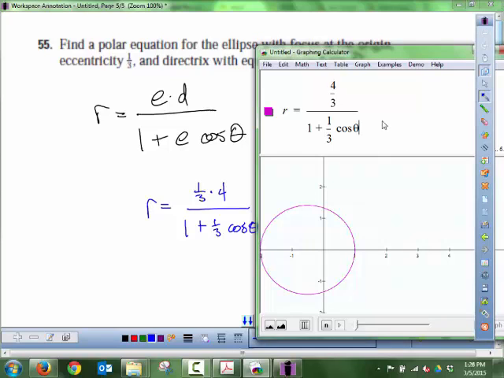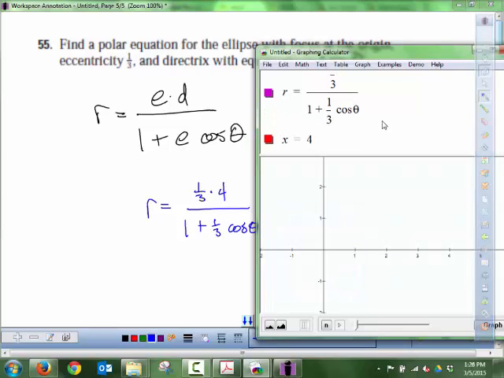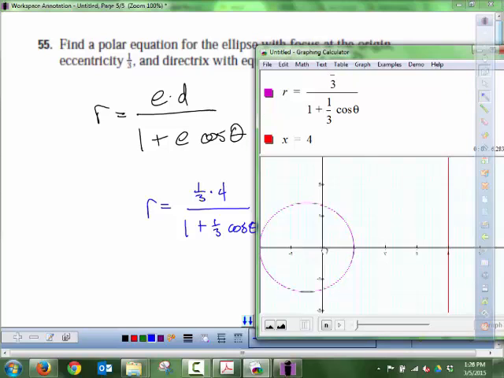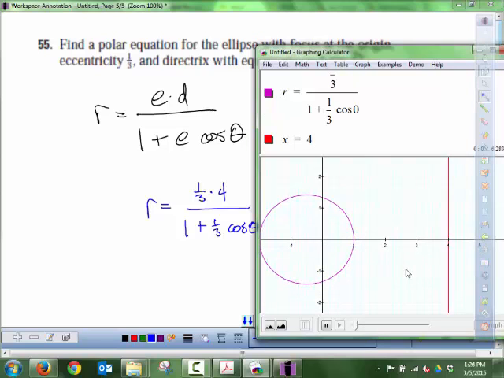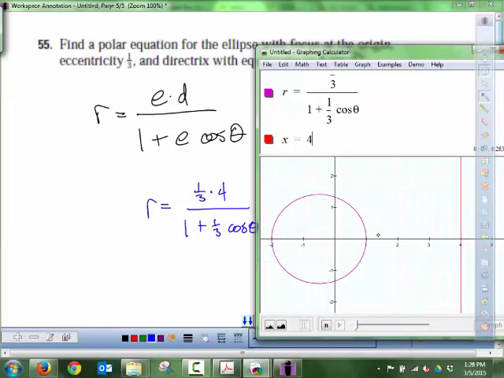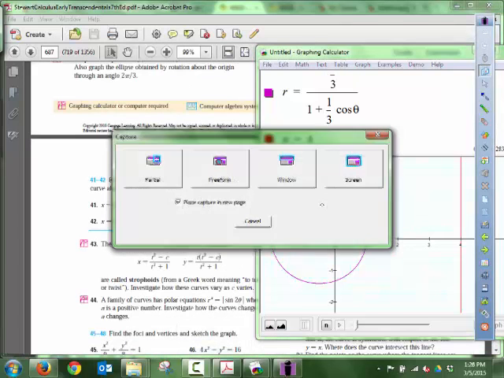And if you put the directrix x equals 4, and you remember the formula that the eccentricity is the ratio of the distance between the point and the focus to the distance between the point and the directrix, then you'll see that this does make sense as our graph.